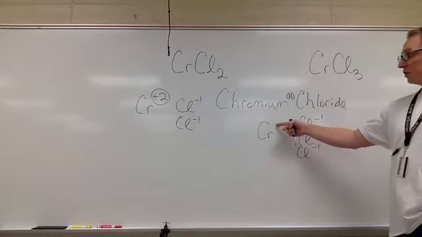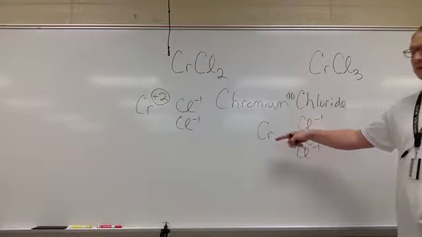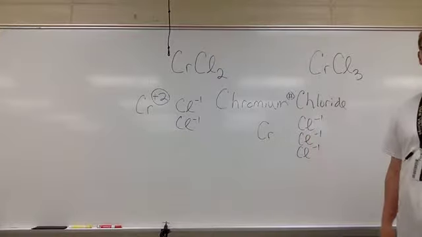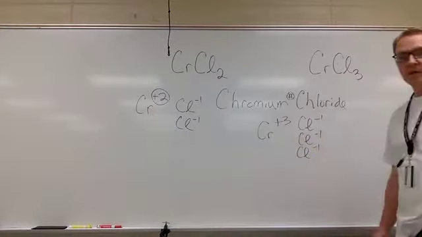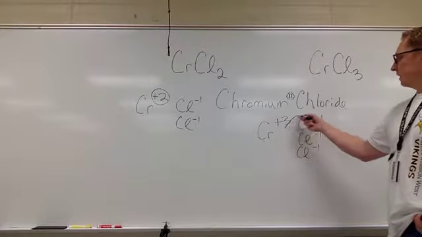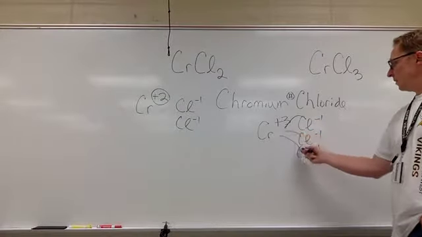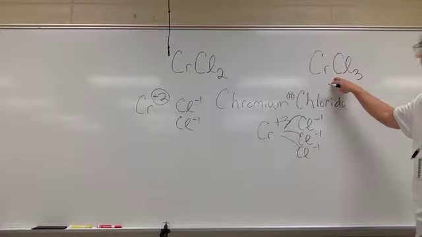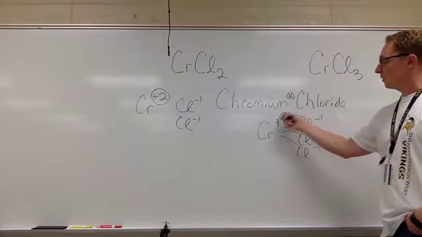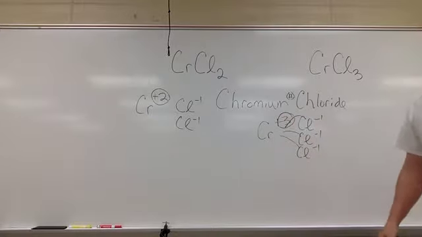So what's the charge on this chromium supposed to be after it gives up 3 valence electrons? It had to be +3 to begin with, because it donated 1, 2, 3 valence electrons. So the name of this formula over here has to represent the fact that the charge on chromium was a +3.